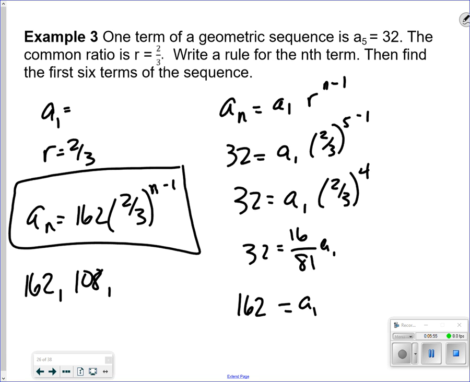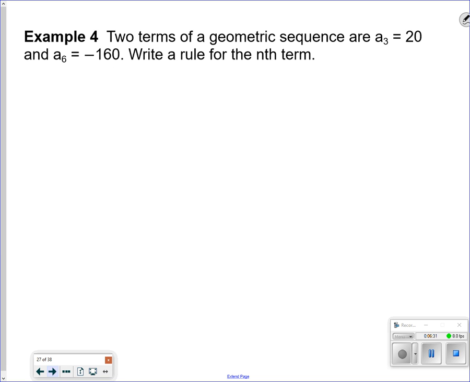If I plug 3 in for n, I get 72. 4 in for n. 5 in for n. 6 in for n. So now this one is actually 64 thirds. So those are the first 6 terms of the sequence.